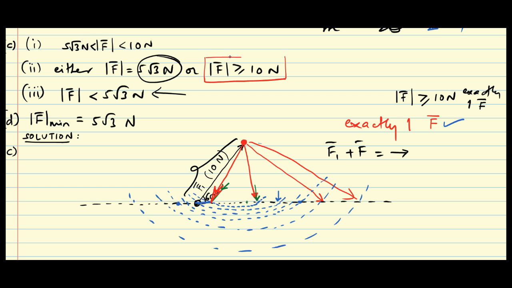So one possible condition is mod f bar is greater than or equal to 10 newtons. When you see that this condition is fulfilled, you automatically conclude that there is exactly one direction for f bar, so that the acceleration of the particle is rightward.